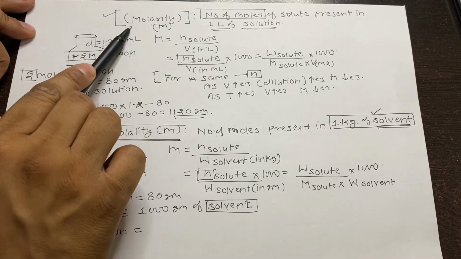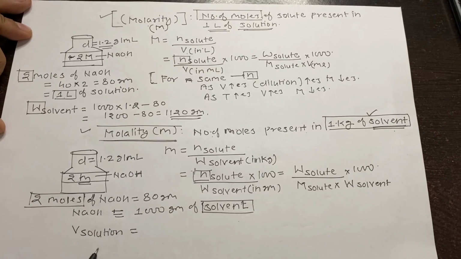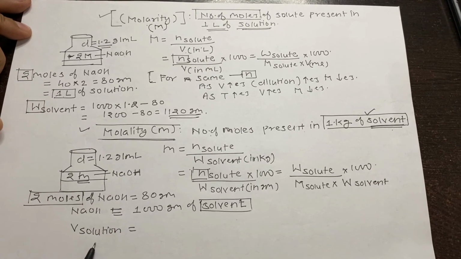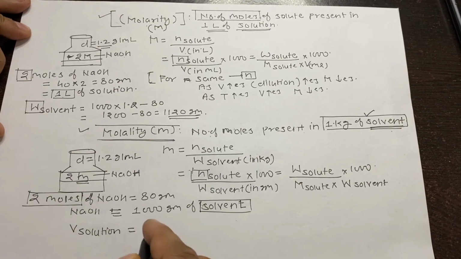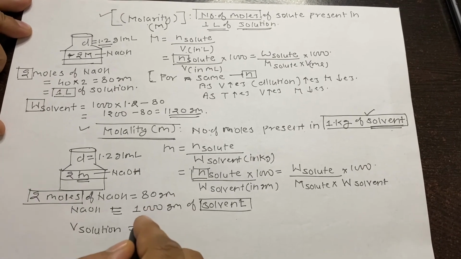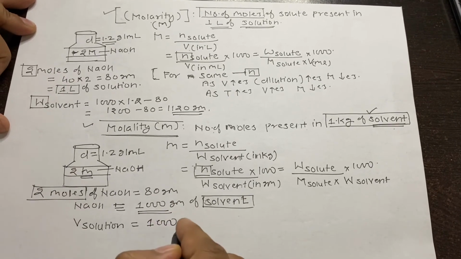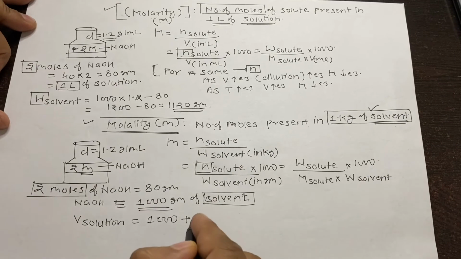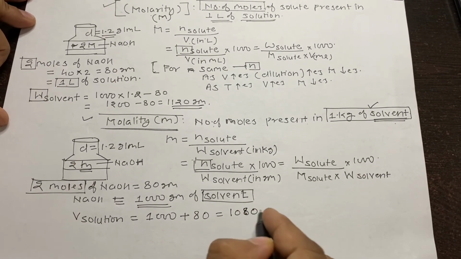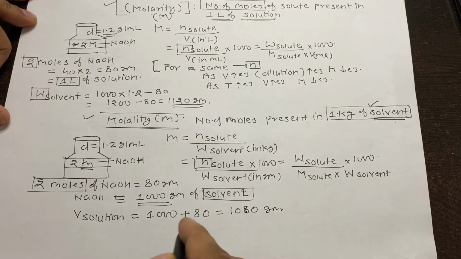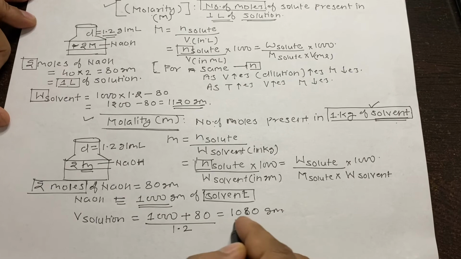The relation between molarity and molality requires calculation of the volume of solution. To calculate the volume of solution, we need the mass of solution. So 1000 gram is the mass of solvent, plus 80 gram of solute, making 1080 gram, the mass of solution, divided by 1.2 gram per ml, the density.